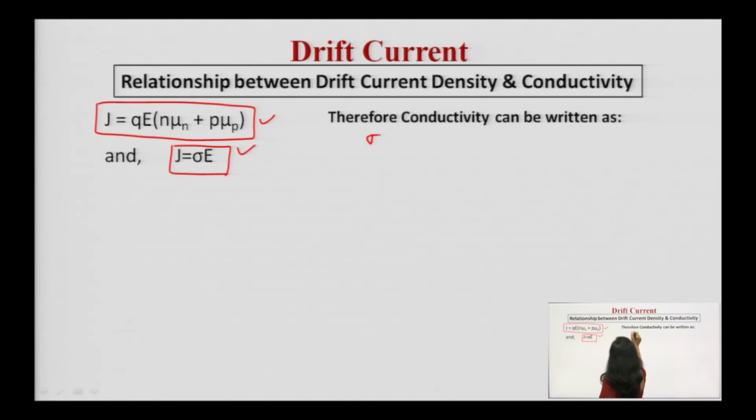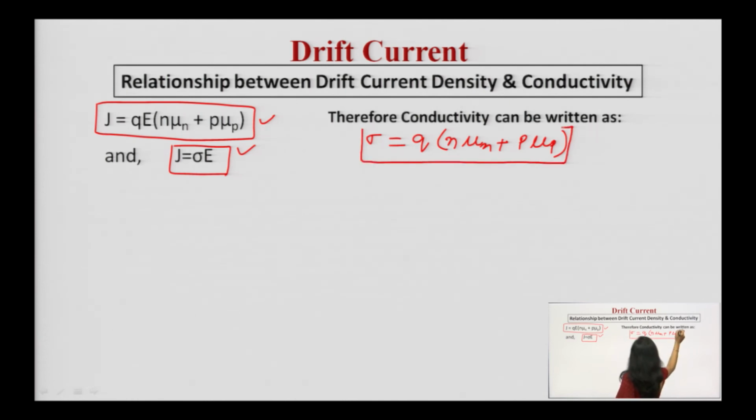Sigma can be written as Q times N of mu N plus P of mu P. This is how you can write the expression for the conductivity, and you must remember it as well.